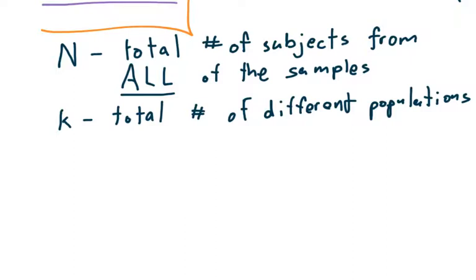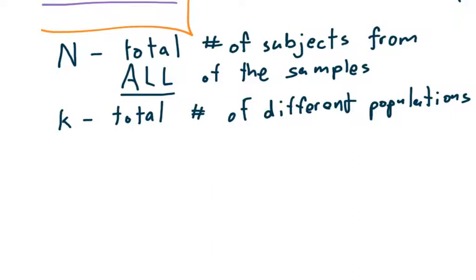So, for example, if we take 100 people from California, 300 people from Arizona, 200 from New Mexico, and 400 from Nevada, I think I got those 4 different states and 4 different values, well, then we would have a capital N of 1,000. We would be adding up 100 plus 200 plus 300 plus 400, and that would be our capital N. So that's just an example.